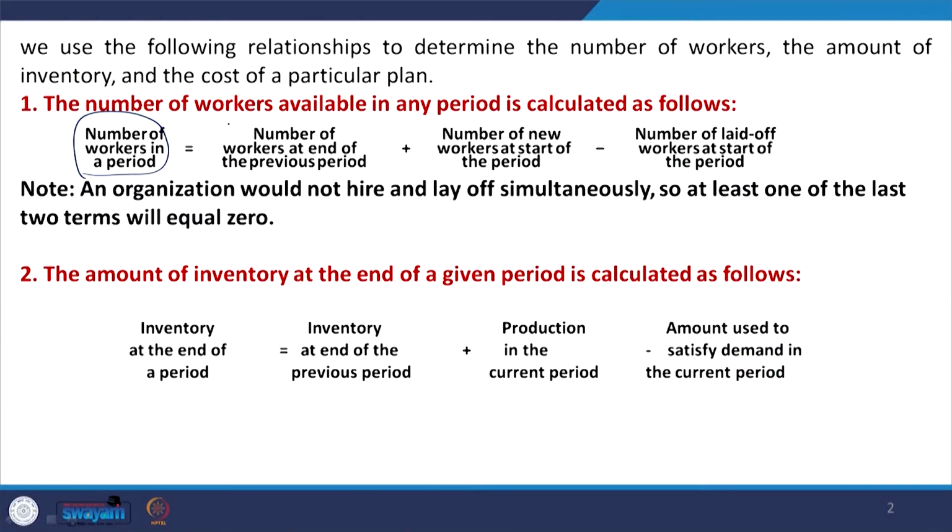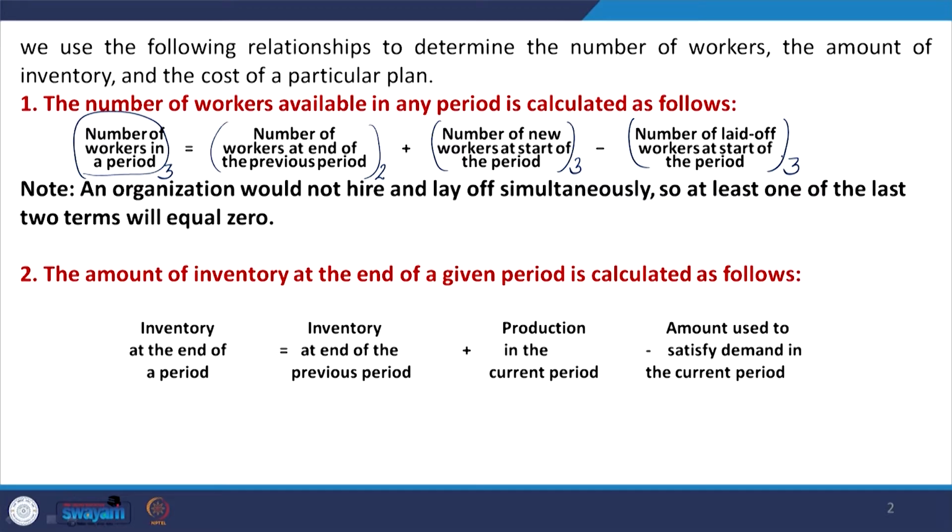Just for a quick glance, if I am calculating the number of workers in period 3, how many workers are available with me? For that purpose we need the number of workers at the end of the previous period, that is period 2, the number of new workers hired at the start of period 3, and the number of workers laid off at the start of period 3.